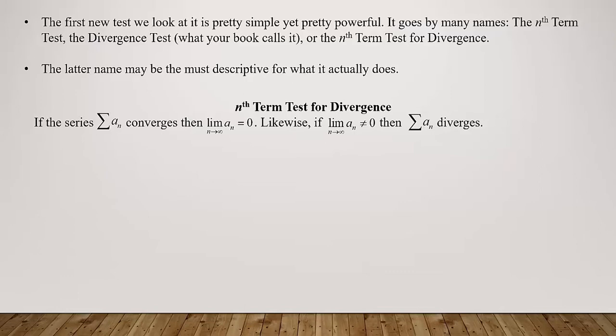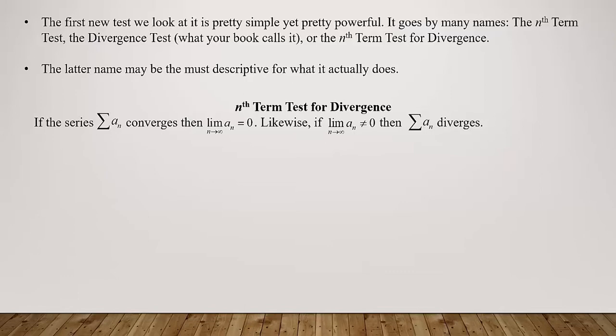So before I go any further, I do want to talk about what this Nth Term Test, the Nth Term Test for Divergence, does. It doesn't tell us, it cannot tell us if a series converges. In other words, if the limit as n goes to infinity of a sub n is 0, that does not mean the series converges.